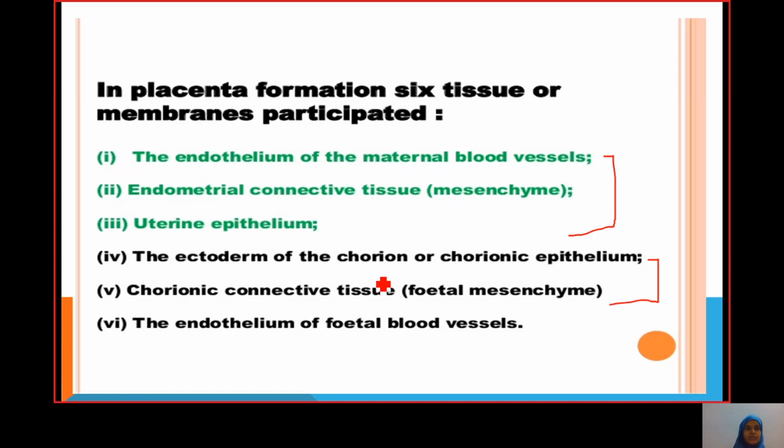Next, the fetal layers: the ectoderm of the chorionic villi or chorionic epithelium, chorionic connective tissue and the fetal blood vessels. These are the tissues involved in the formation of the placenta.